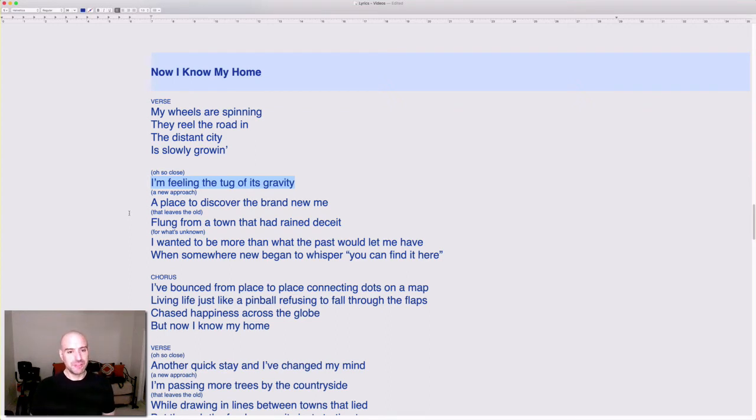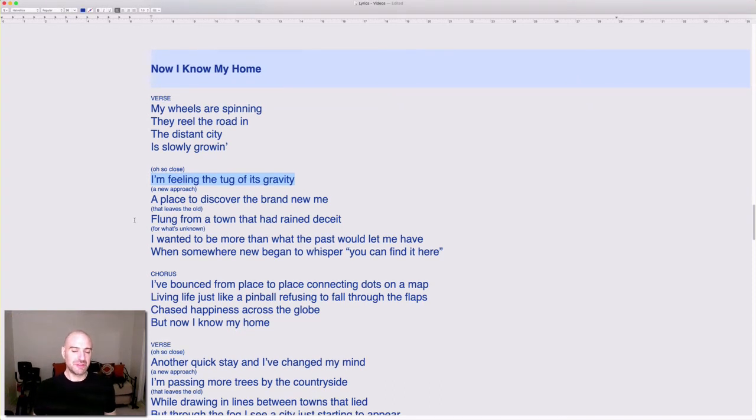So the idea of feeling the tug of its gravity, again, this goes beyond the five usual senses and gets into this idea of how your body is reacting to the world around you. So another thing to keep in mind, normally your go-to would be visual, but now you're looking at the other four and even beyond those, which this one starts to do.